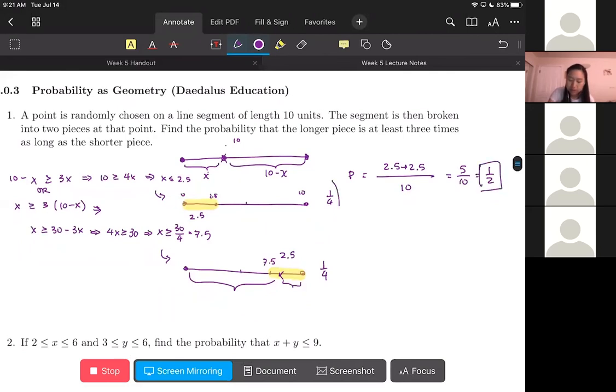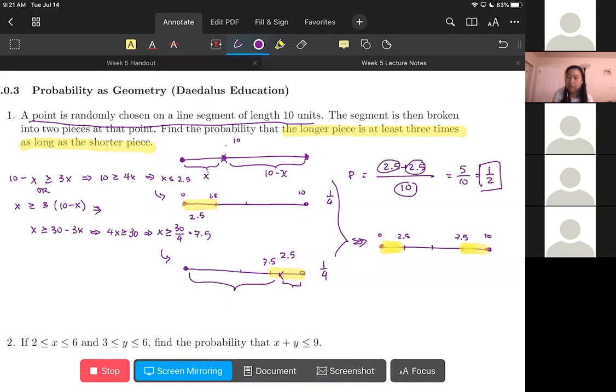So putting these two together, if a point is randomly chosen on a line segment of length 10, called 0 to 10, and I pick any point within this region or this region, then I get the condition where the longer piece is at least 3 times as long as the shorter piece. And so we can calculate this by calculating the total length, which is 10, and the total highlighted length, which is 2.5 plus 2.5.